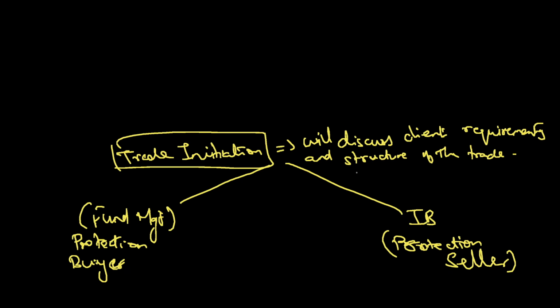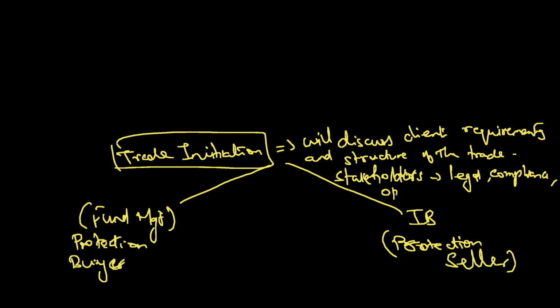So who participates in this team? Various stakeholders, like the legal team, because legally it should be fine. The compliance team, as per the company's policies, it should be fine.